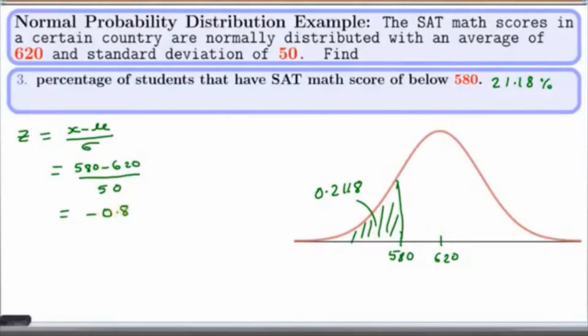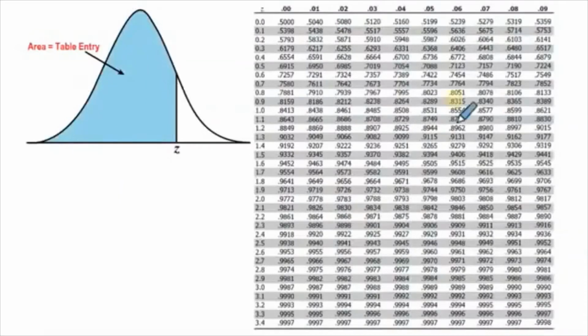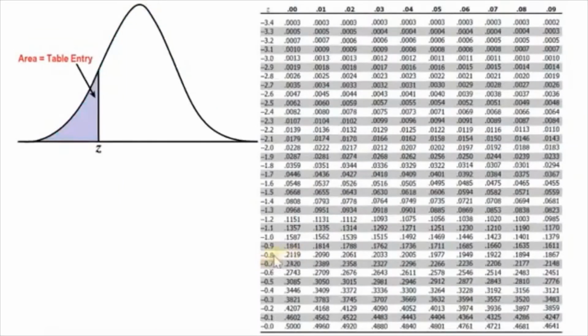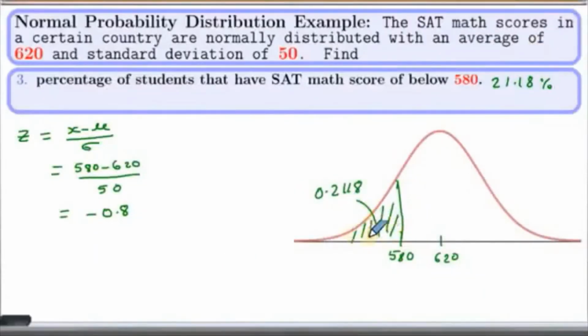Now, we will need to look up our z table and find that area. We'll be looking at the row of negative 0.8 and the column of 0.00. So this is the area, 0.2119. That means the area to the left of 580 is 0.2119. To convert that into a percent, all you need to do is multiply that by 100 and you'll come up with this percent here.